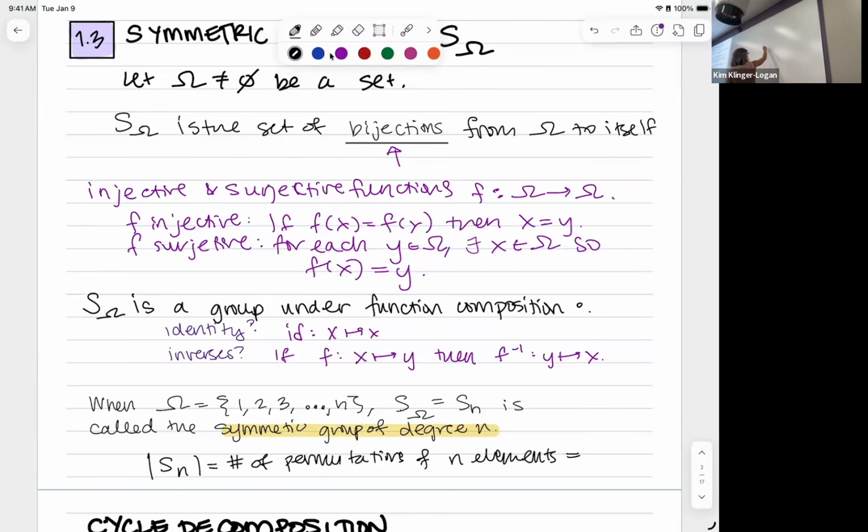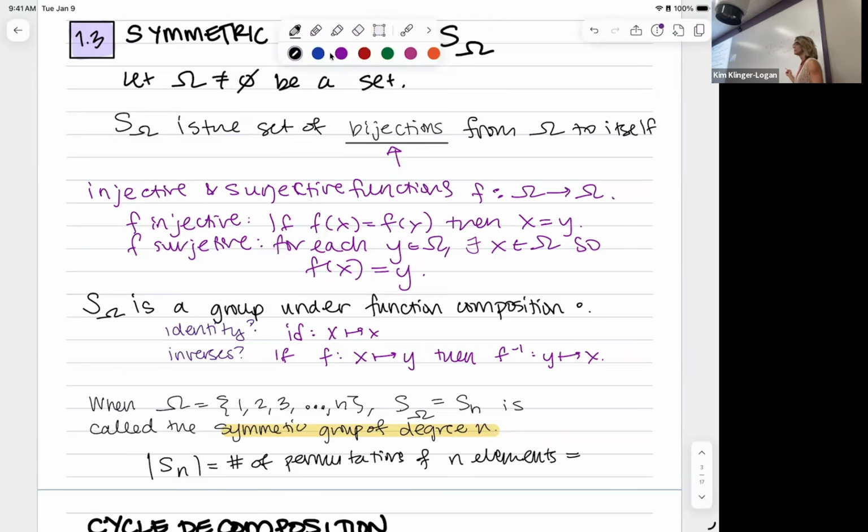If I take a function, some permutation, and I go from 1 to n, and I'm going to 1 to n, I want to know how many of these can I possibly have? One way to define a sigma is I'm going to choose where 1 goes. How many choices do I have for where 1 goes? N choices, right? So this is n choices.